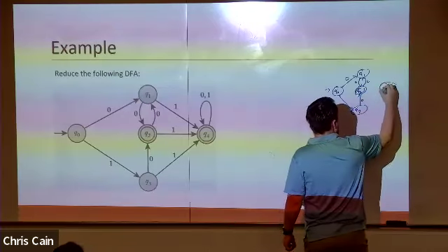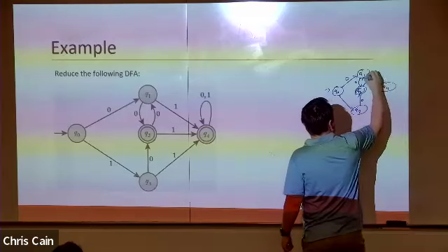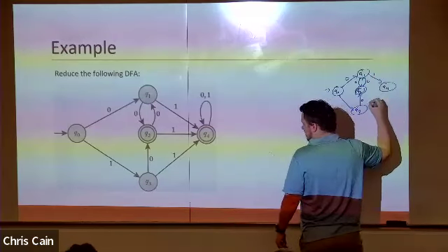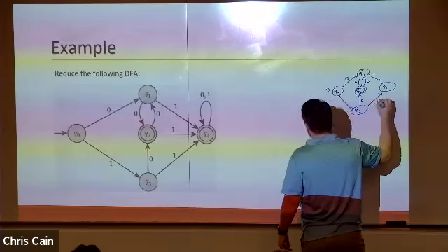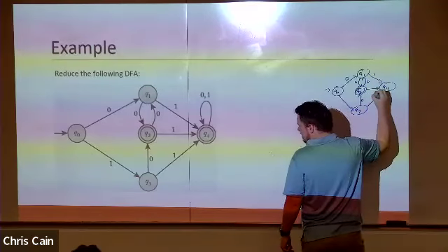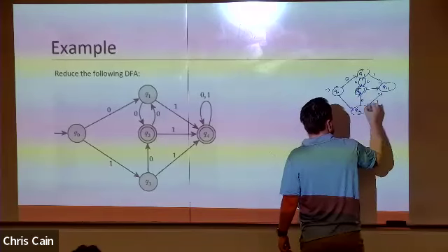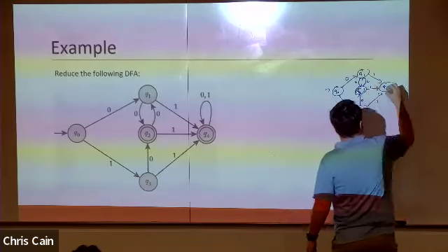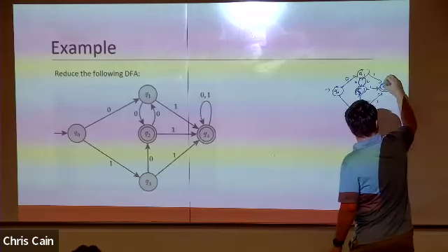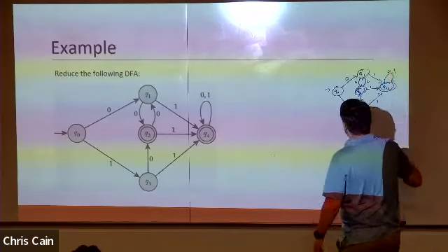Then we have Q4 out here, from Q1 on a 1, from Q3 on a 1, from Q2. Flip numbers, this is 2, this is 3. This on a 1, and this final state loops to itself on a 0 or a 1.